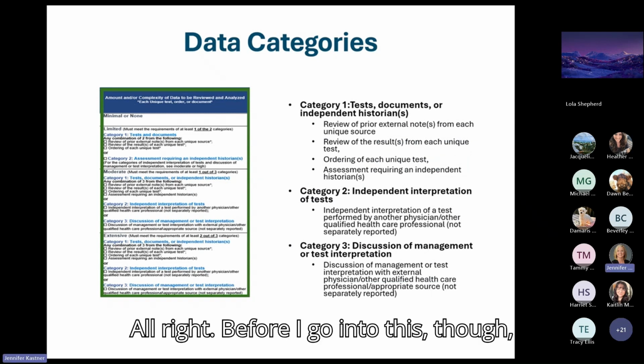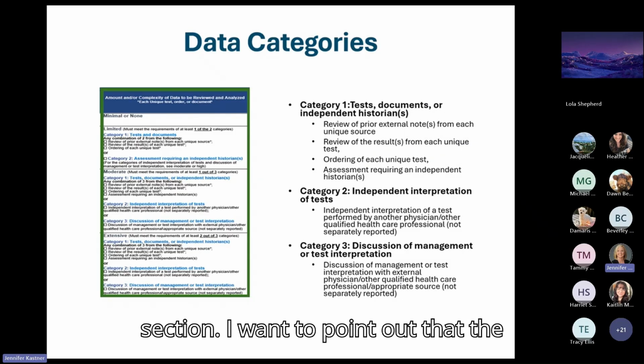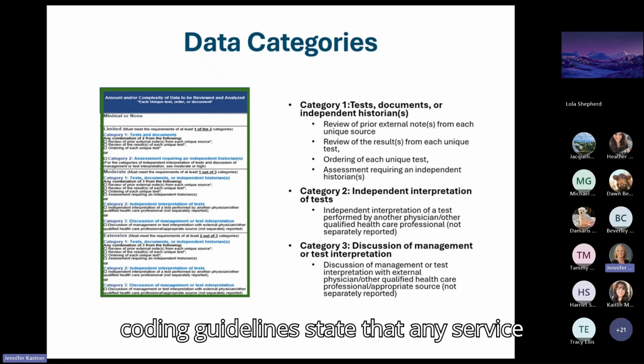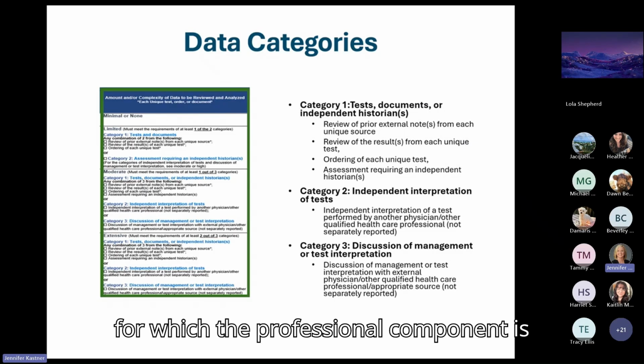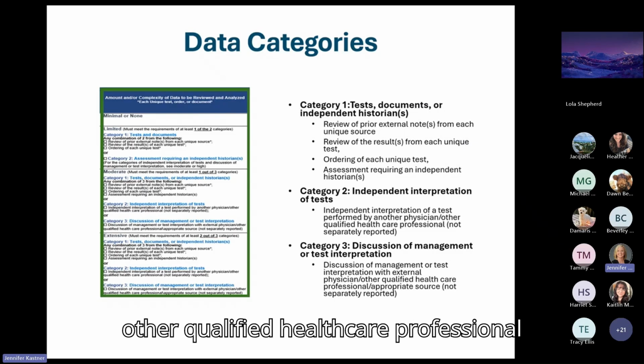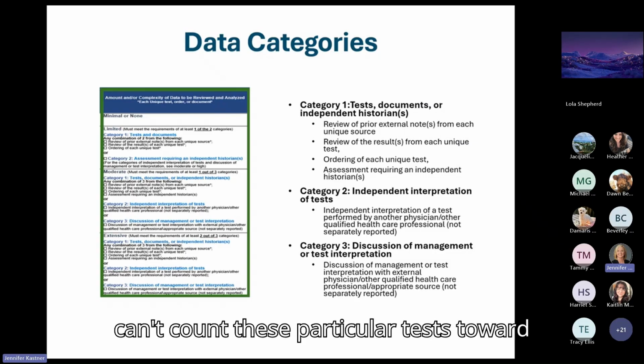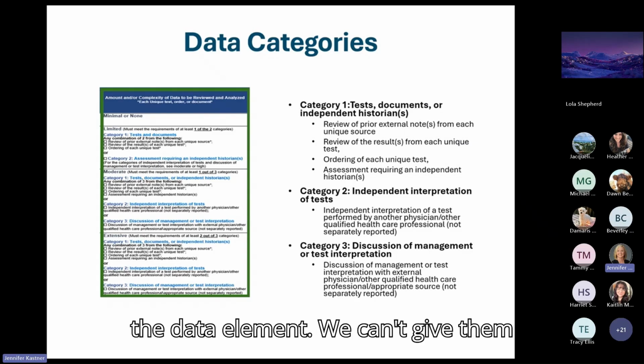All right. Before I go into this, I do want to go into details of this section. I want to point out that the code and guidelines state that for any service for which the professional component is separately reported by the physician or other qualified healthcare professional reporting the E&M service, we can't count these particular tests toward the data element.